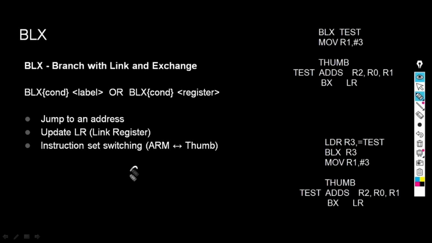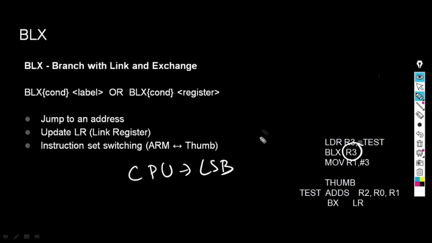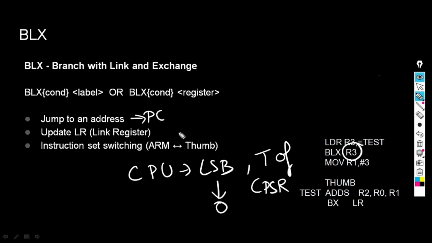In short, the CPU checks the LSB of the target, and then it sets the T bit of CPSR accordingly. Then it will clear the LSB, making it 0, whether it was initially 0 or 1 as set by the assembler, so that the appropriate address is updated in PC and execution continues in the correct instruction set.